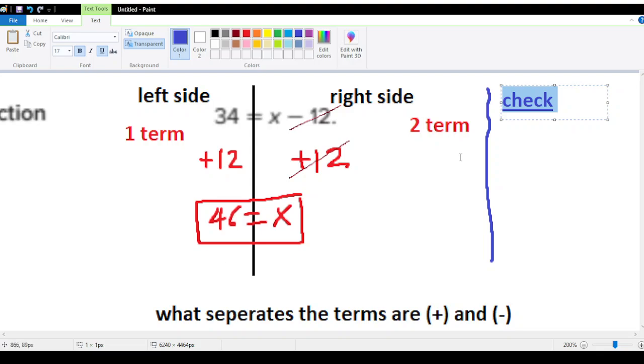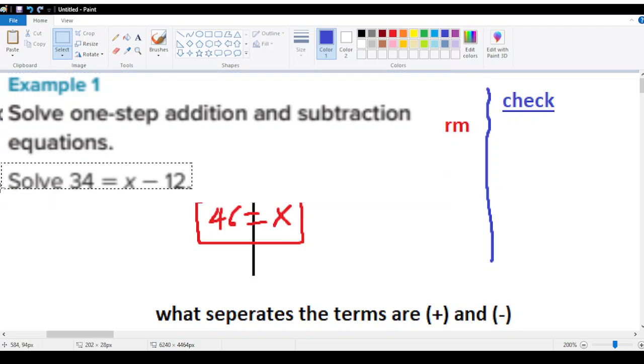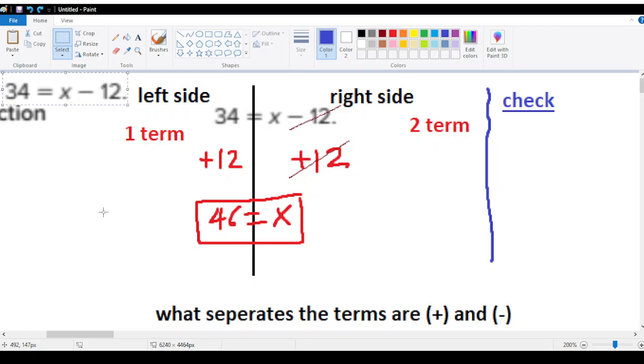Okay. How? What you will do, Shamsa, you will go back to the original equation. Now, on the equal sign, we will put a question mark like this.